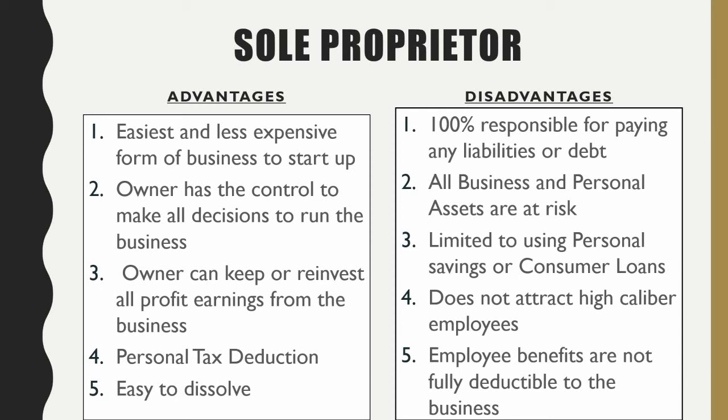So when you're dealing with a sole proprietor, you may have to put some things up as collateral. And if you fall behind on a payment or you don't pay, the first thing they can do is come after your personal home, your personal car. They can go after any personal asset that you own.